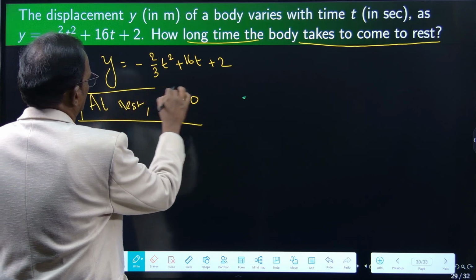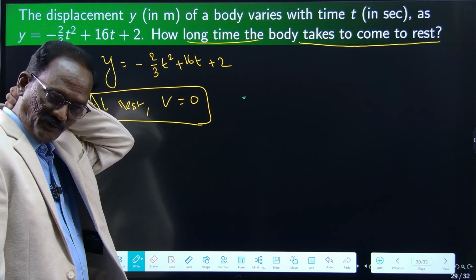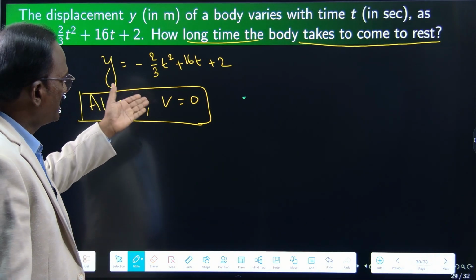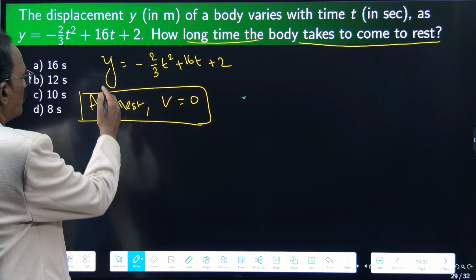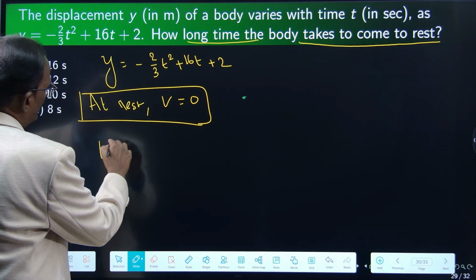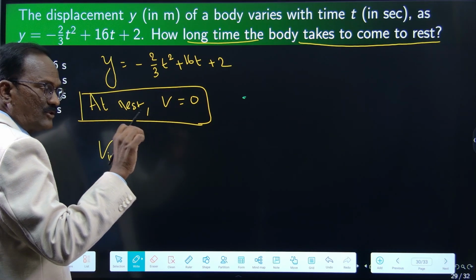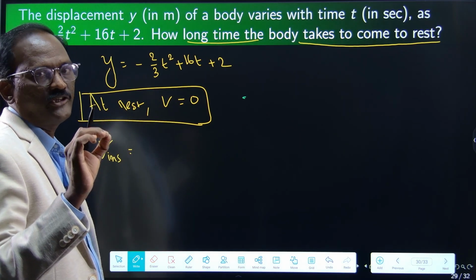So this is the condition. So we have to substitute v is equal to 0. In the previous problem, initial velocity, so we substituted t is equal to 0. But here at rest, we have to substitute v is equal to 0. We have to calculate v instant, because this is also one particular instant when the velocity is going to be 0. The body is going to take rest.